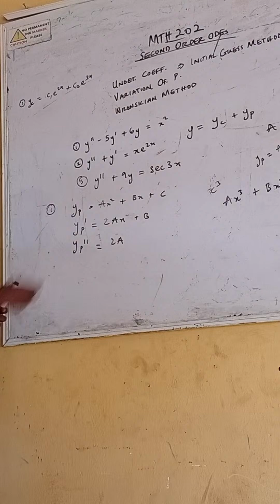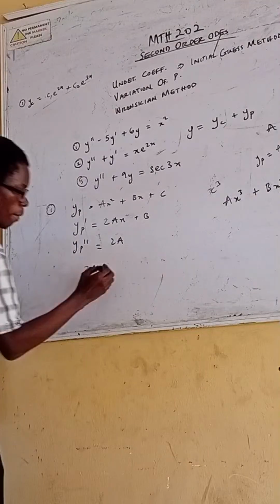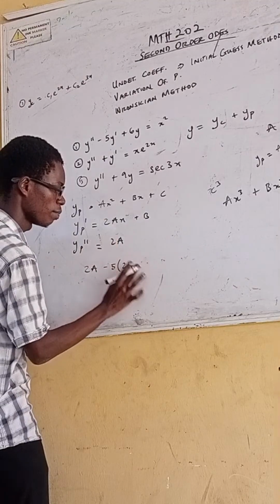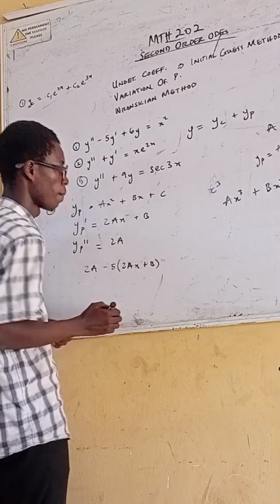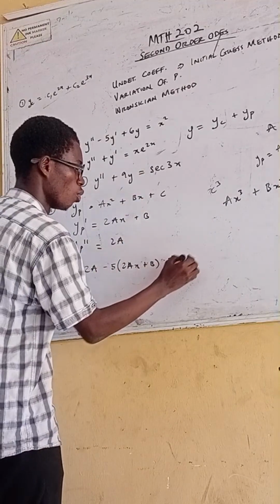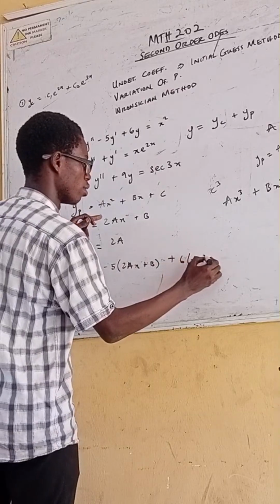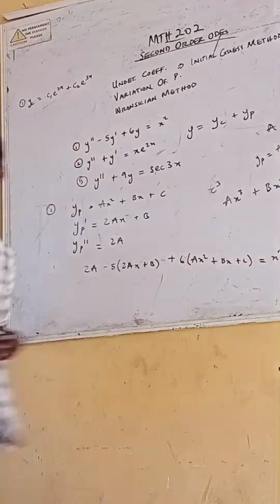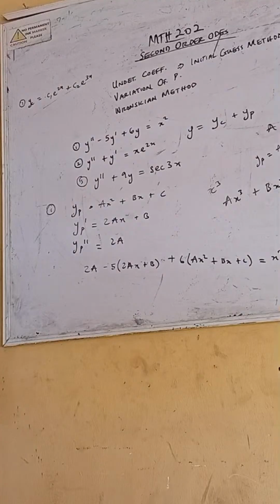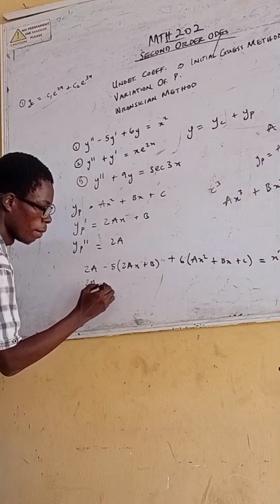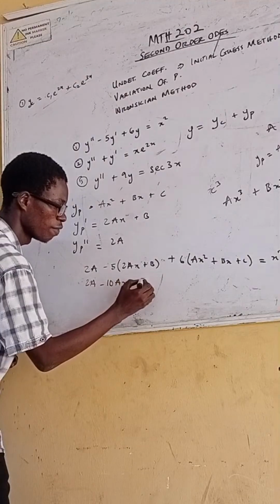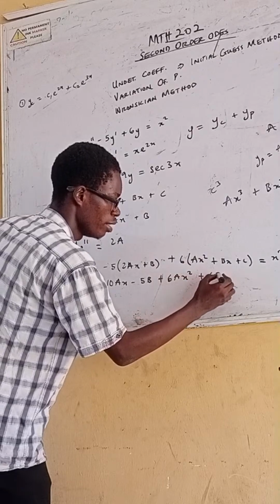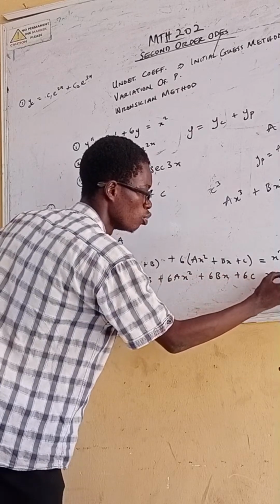Yp double prime is 2a minus 5 times y prime, which is 2ax plus b, plus 6y, which is ax squared plus bx plus c, equals x squared. Now let's open the bracket. 2a minus 10ax minus 5b plus 6ax squared plus 6bx plus 6c equals x squared.